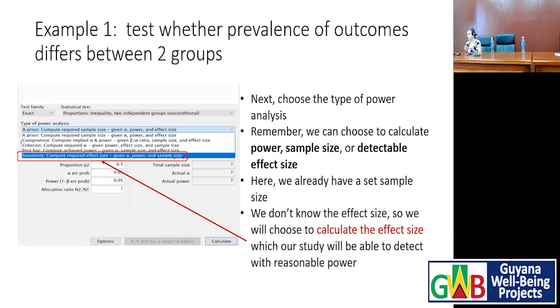Here we already have a set sample size, and we do not know the effect size. So we are going to specify the power that we want to have, and then calculate the effect size which our study will be able to detect.